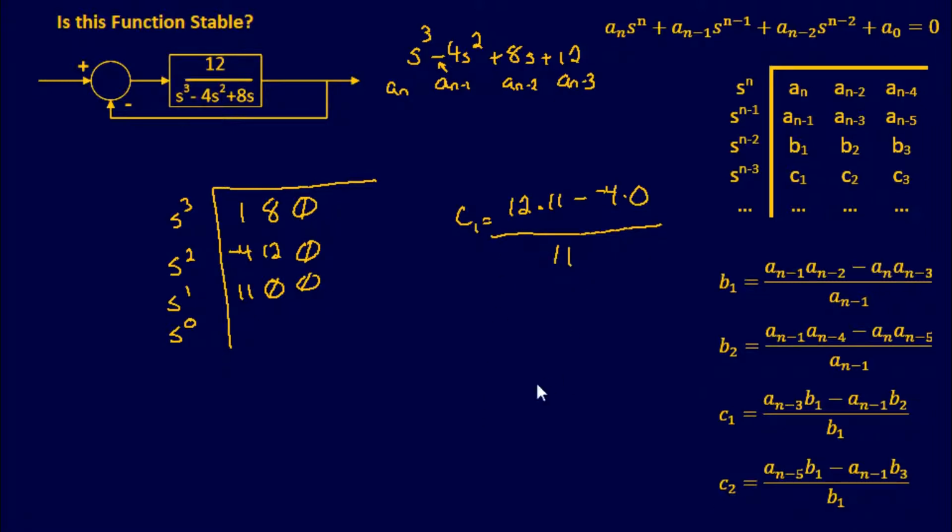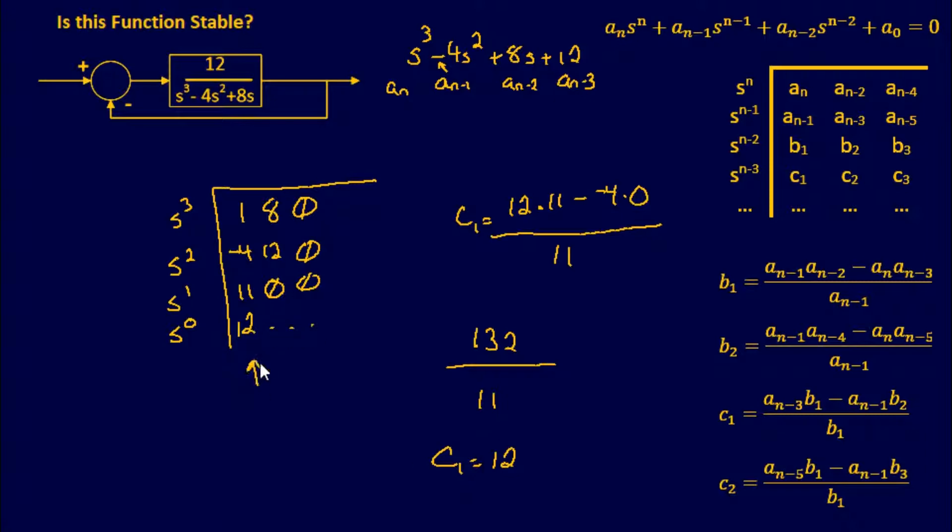So we have 132 over 11, which is actually really simple. All it is, C1 equals 12. And of course, we don't care about the rest.